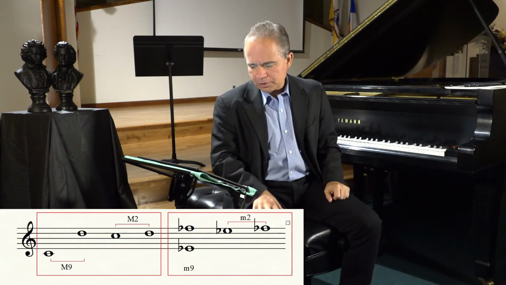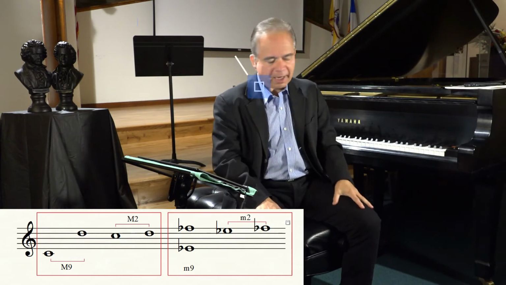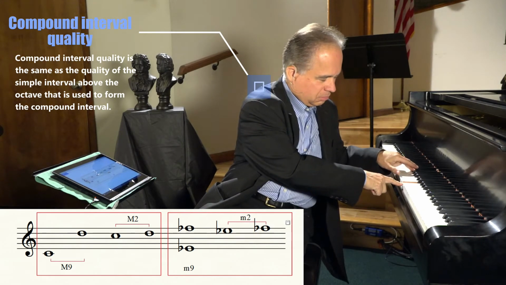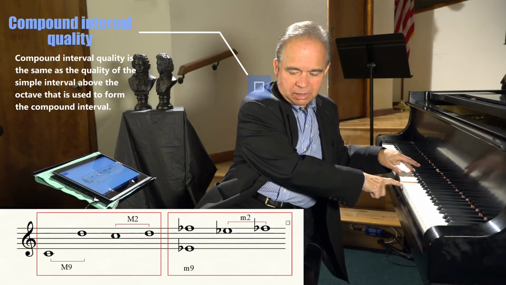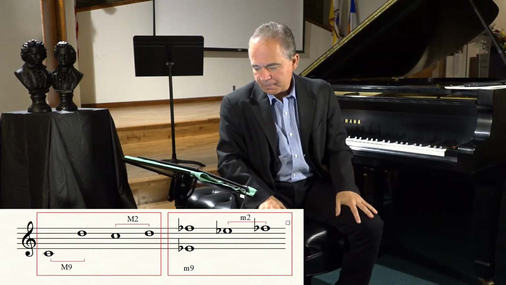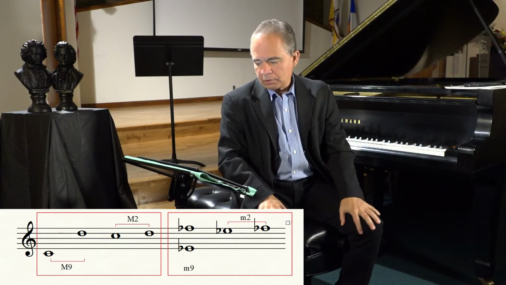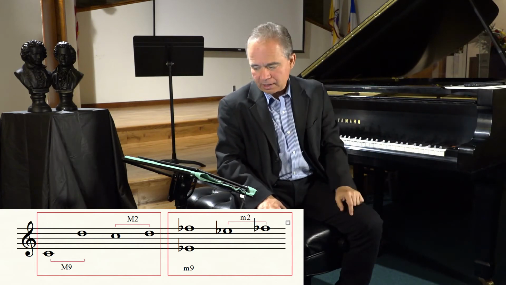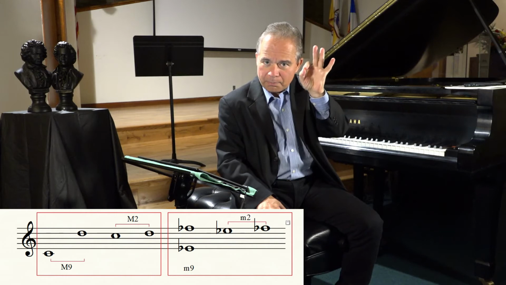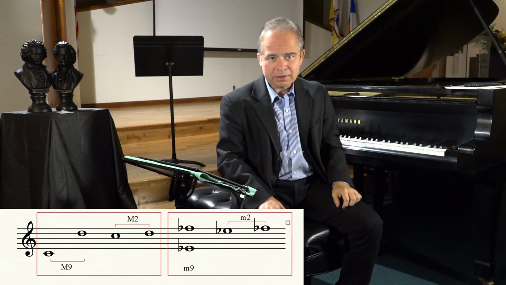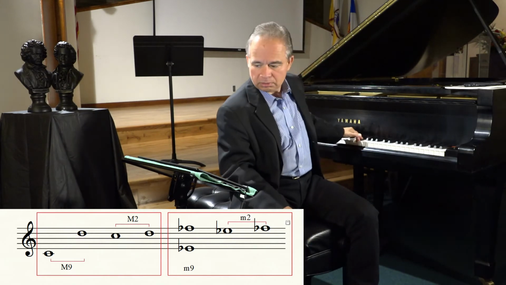Again, let's look at another one now. How about E flat to F flat? Okay. All right, that's a dissonance, definitely. E flat to F flat. Okay. We're removing the octave, E flat to E flat, and we only look at the simple interval above the octave, and that is E flat to F flat, this guy.